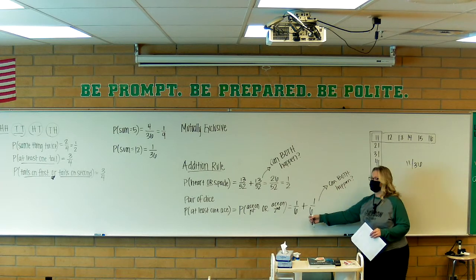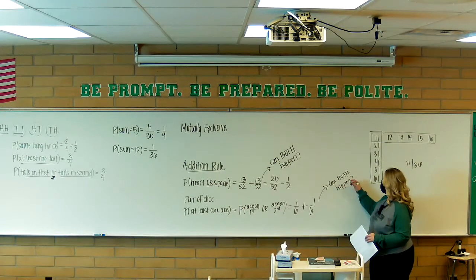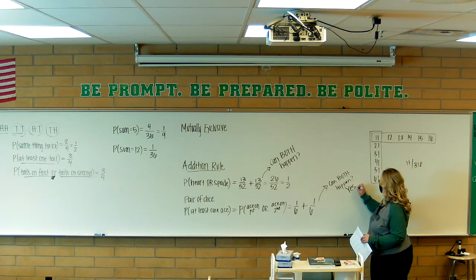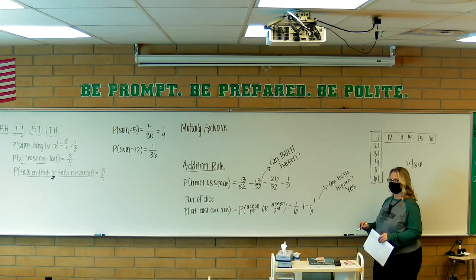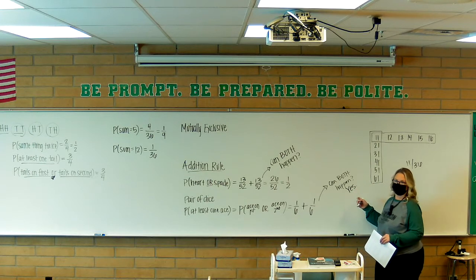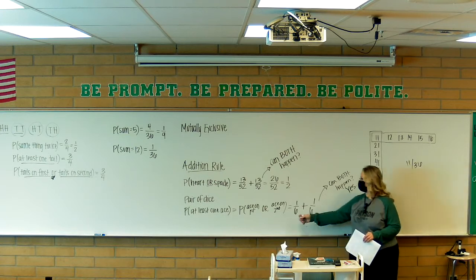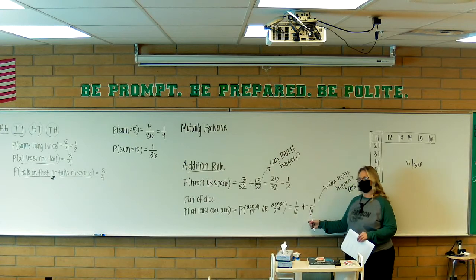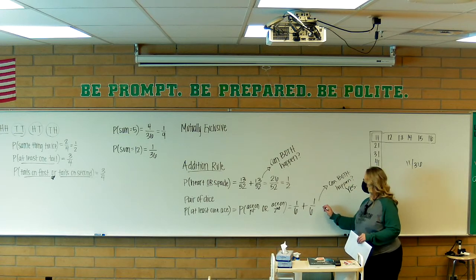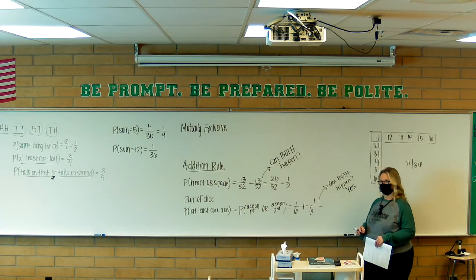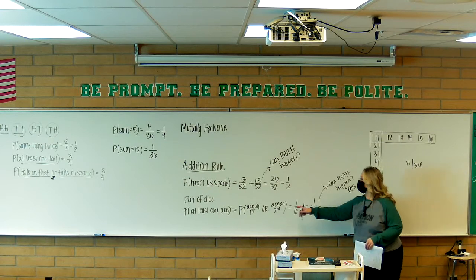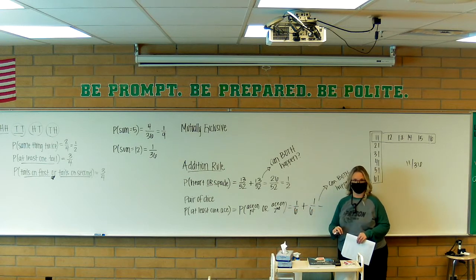So this number is too big, and it's because of this. Can both of them happen? Yes. Both of them can happen. So because both of them can happen, the place where they both happen is counted twice when I add these together. So what I have to do to fix it is subtract it back off. So what I do is I subtract off the probability that both of those things happen.